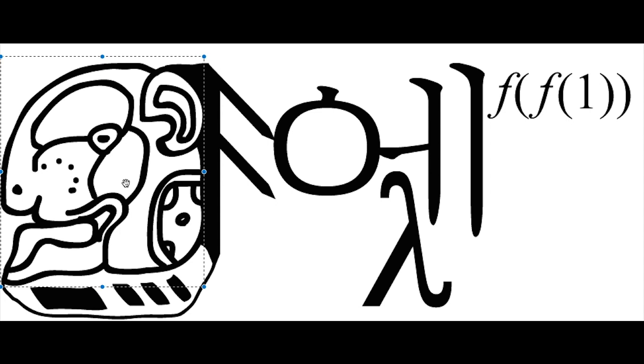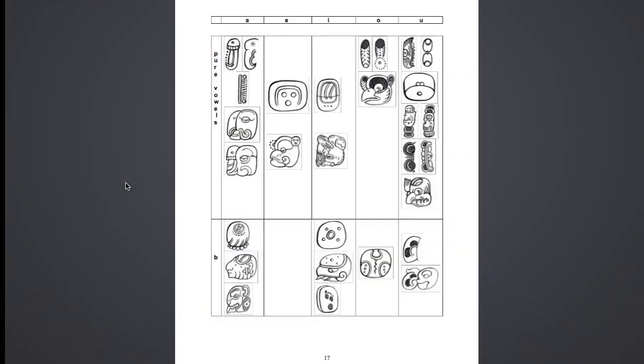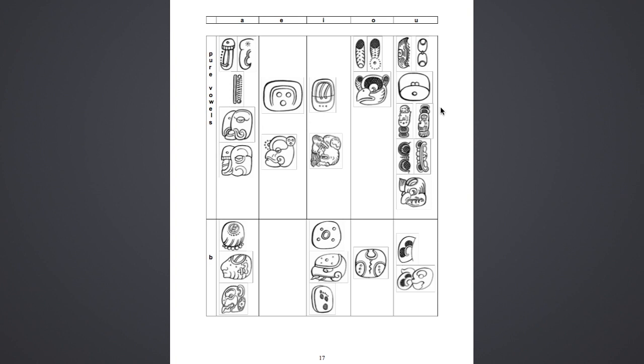But unlike English, which uses an alphabet, the Mayan writing system uses something called a syllabary. Here's an example of the Mayan syllabary here. In a syllabary, there's not a single unique symbol for every consonant and a symbol for every vowel. In English, we've got allegedly 21 consonants and 5 vowels.